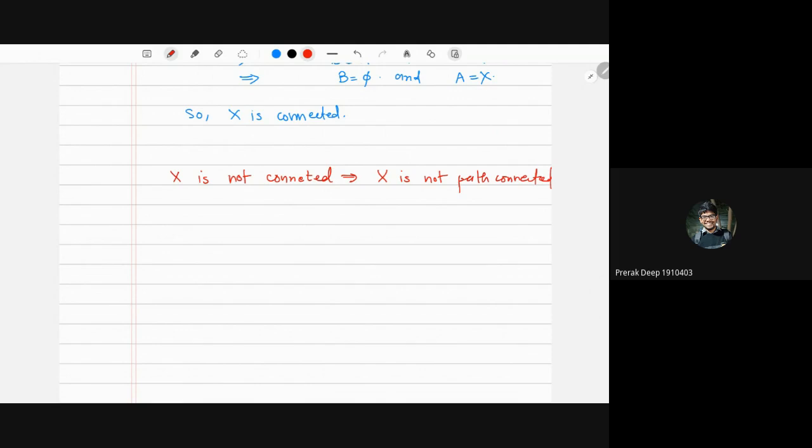What we have done is this: we had x is path connected implying that x is connected, and we have taken the negation, which gives that the negation of the second statement implies the negation of the first statement. This is the fact that I'm going to use.